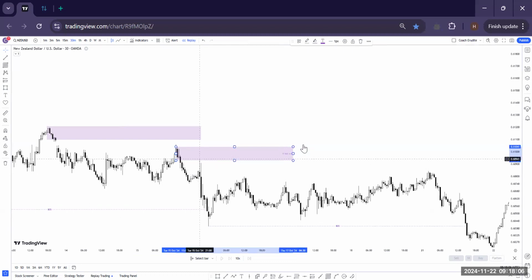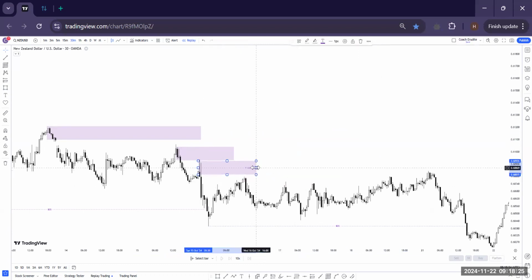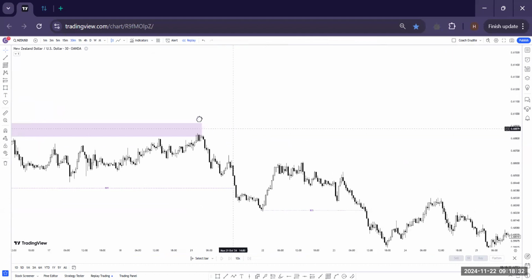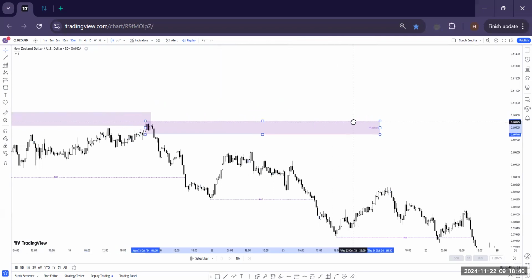This order block has been mitigated already. Price already touched this order block. This wick here is another block. And discover that price came up to this order block here and sold. Here's another order block.